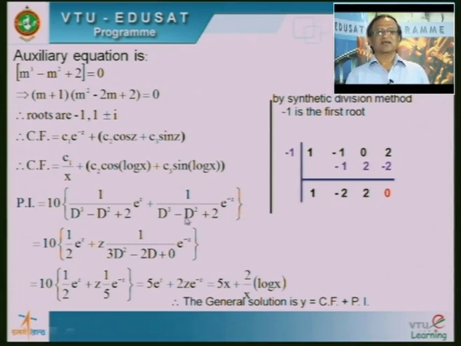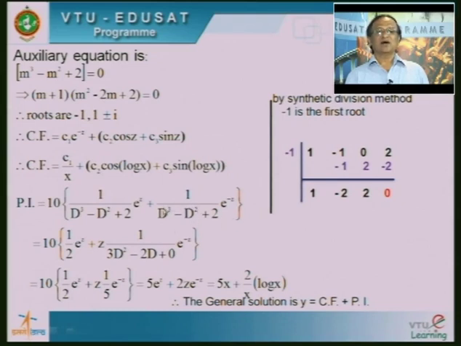Is it clear? Right. As I mentioned at the beginning of the session, if f of a is not equal to 0, then the particular integral 1 upon f of D into e to the power ax is equal to 1 upon f of a into e to the power ax, provided f of a is not equal to 0. Otherwise, we have to differentiate f of D. Here also I am going to apply the same trick.